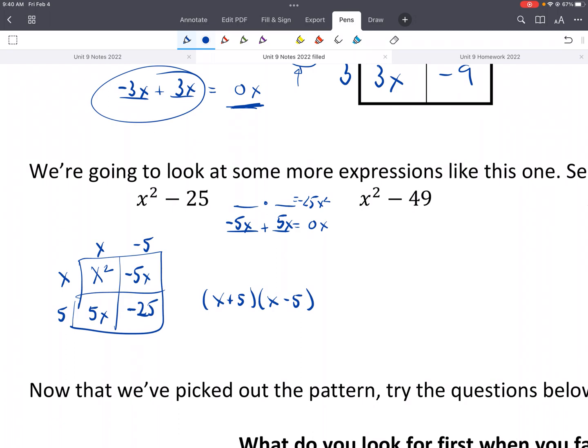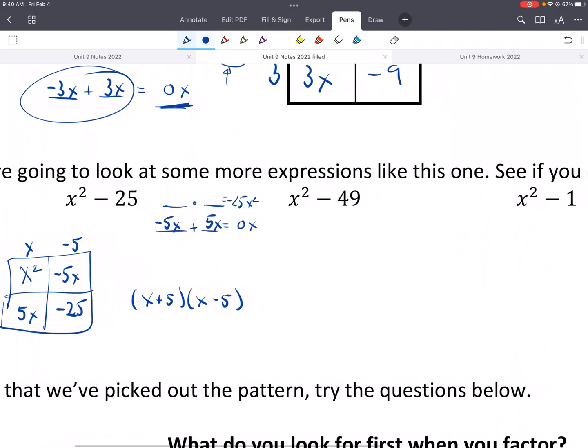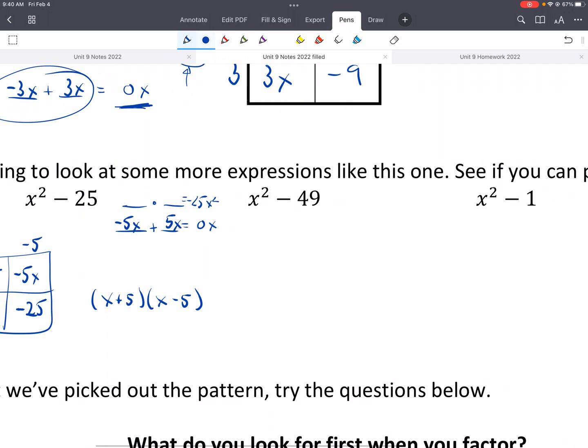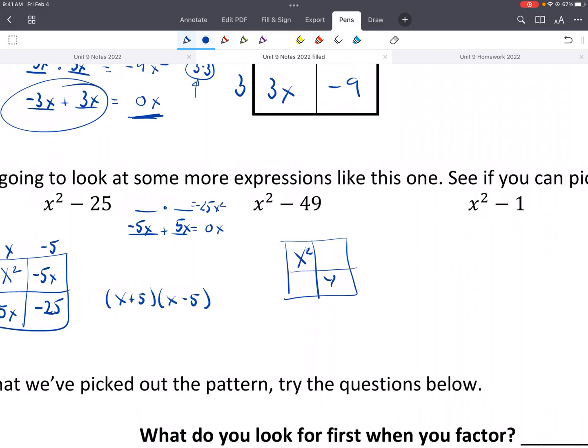So we'd get x plus 5 and x minus 5. If you find the pattern here, it can go a little quicker as we go along. Here we've got this box, x squared and negative 49. To make that middle term cancel out, we take the square root of 49, which is 7.